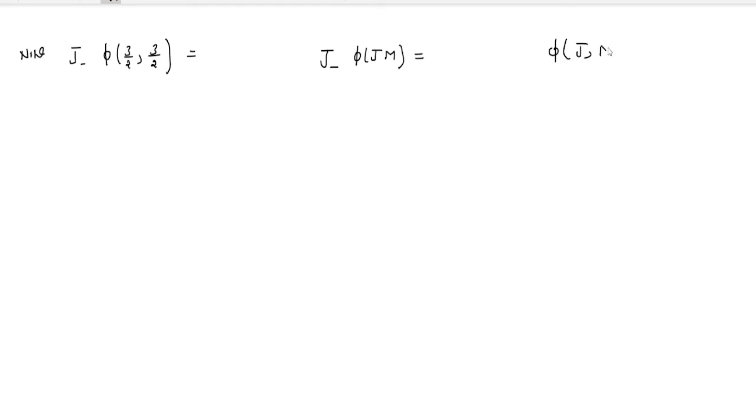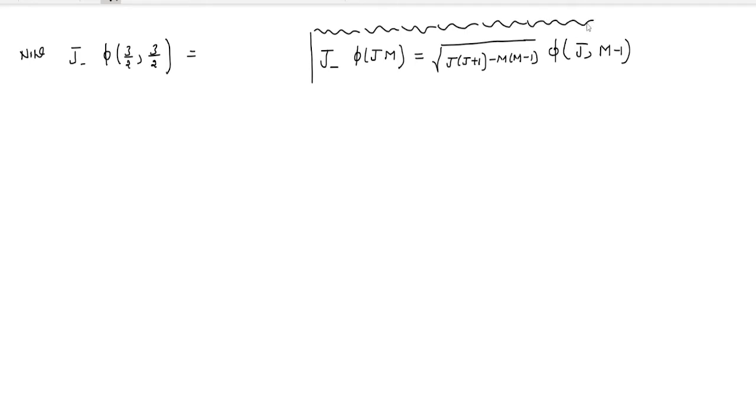J, M minus 1. The eigenvalue of J minus is root of J into J plus 1 minus M into M minus 1. So this is the formula. This is the CG coefficient theorem, the Clebsch-Gordan coefficient theorem. Sometimes we can call this theorem the vector coupling theorem.